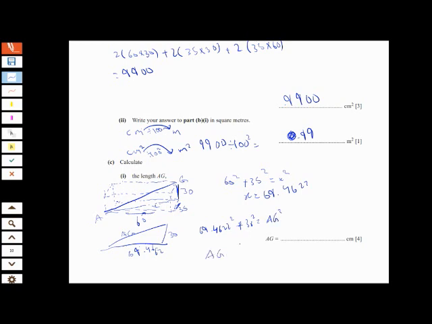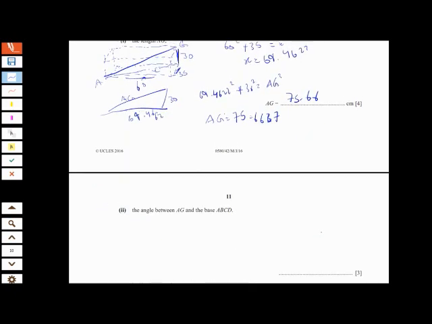So AG equals 75.663. I recommend that you write the whole number, so that if you got something wrong in rounding, they at least give you the mark, because some markers do that. So round to 75.7, 75.66.